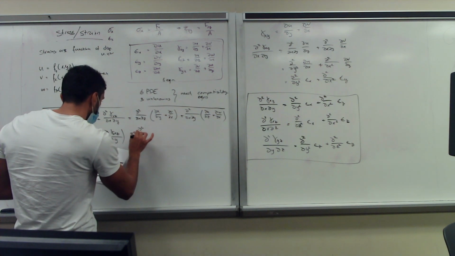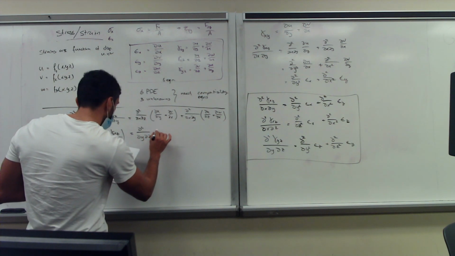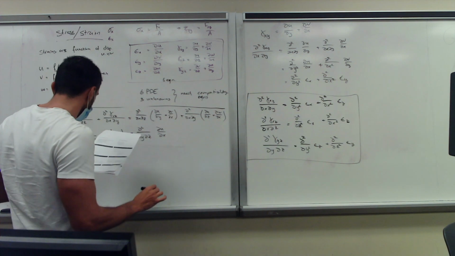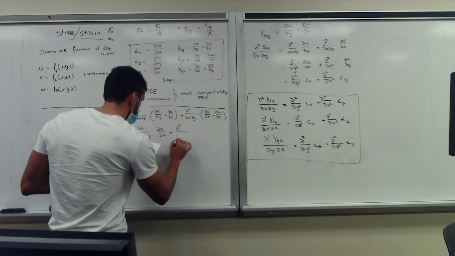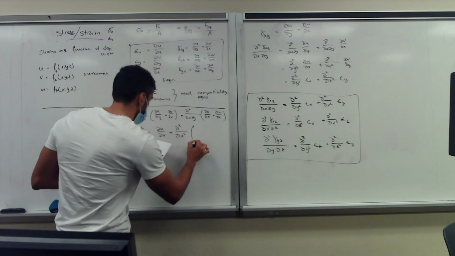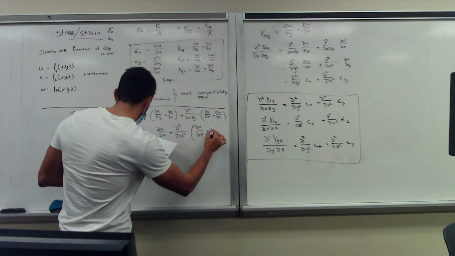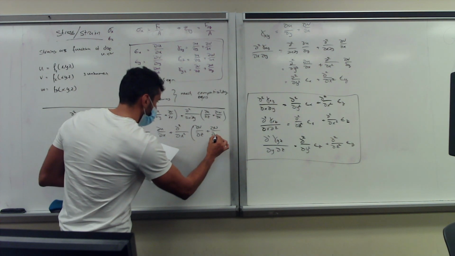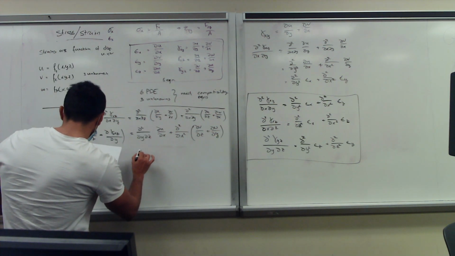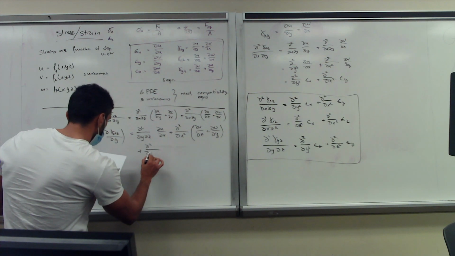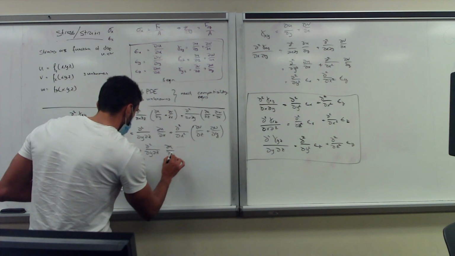If you do that, you get the second order partial derivative with y and z of du/dx, plus the second order derivative with x squared of partial v with respect to z and partial w with respect to y, plus the second order derivative with partial y, partial z, and this is du/dx as well.